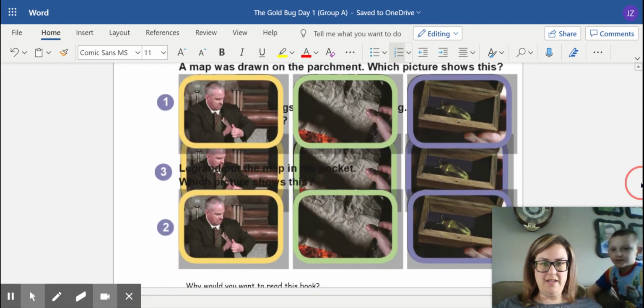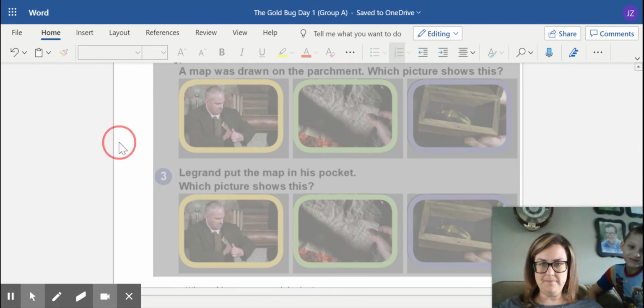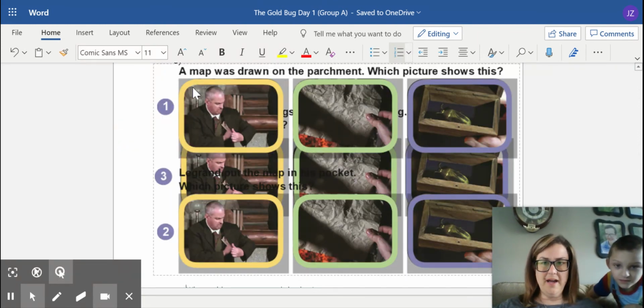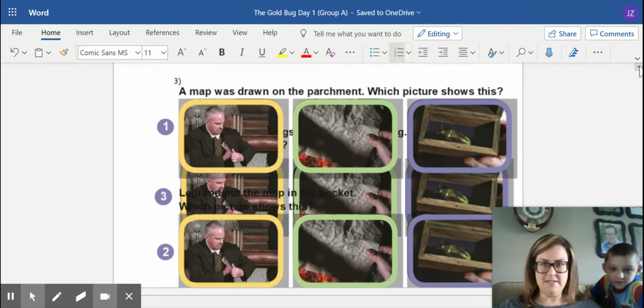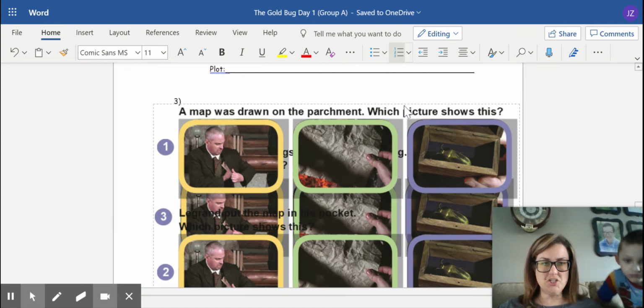And then, as you can see, these are all messed up. And I'm not sure why. But it says a map was drawn on the parchment. Which picture shows this?